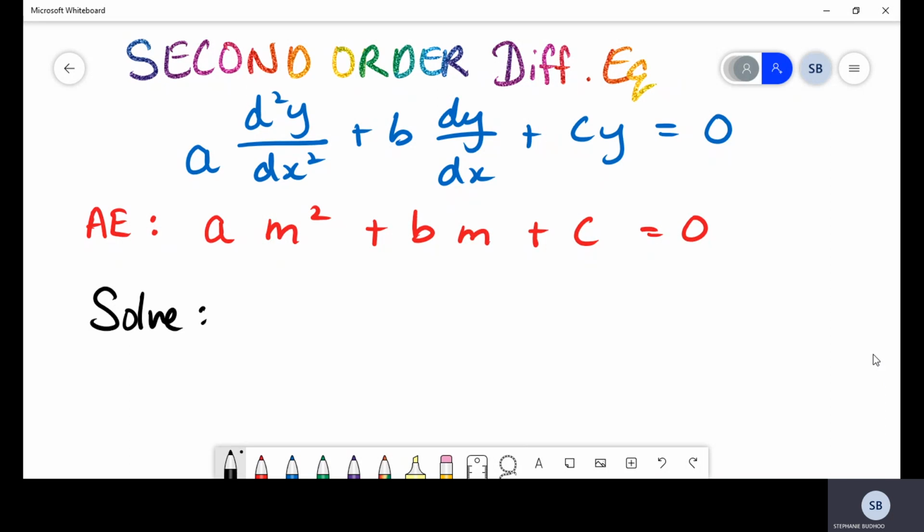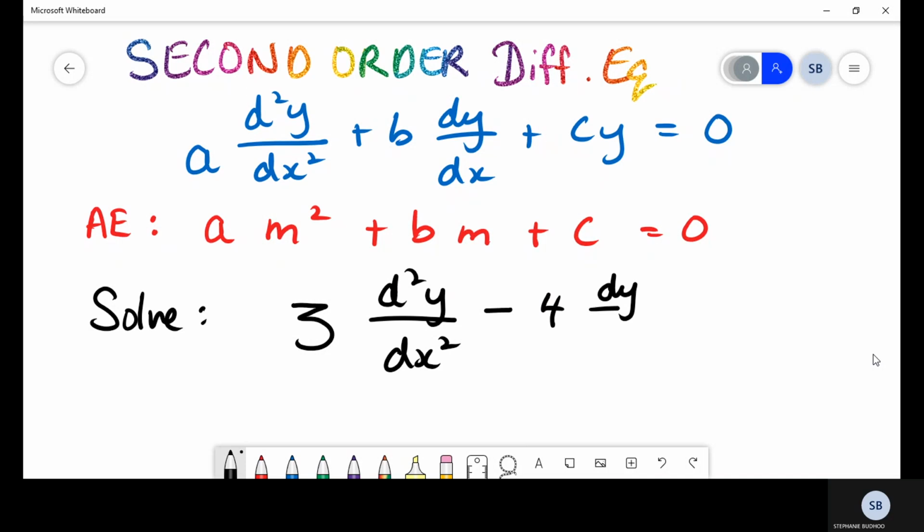So let's see how to apply this to an actual question. Suppose we were given 3 d2y/dx squared minus 4 dy/dx plus y equals 0.